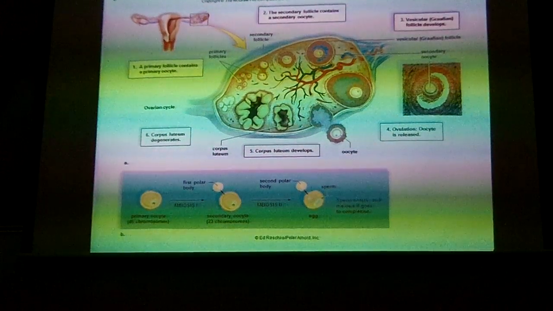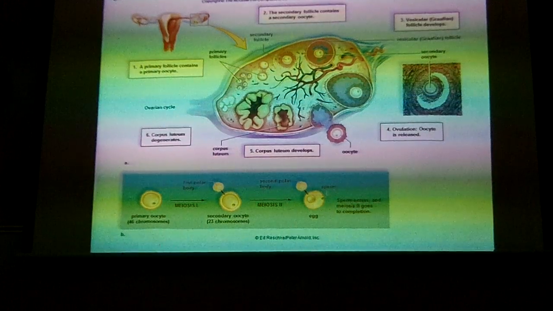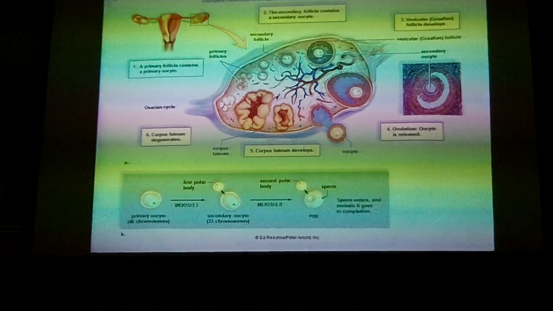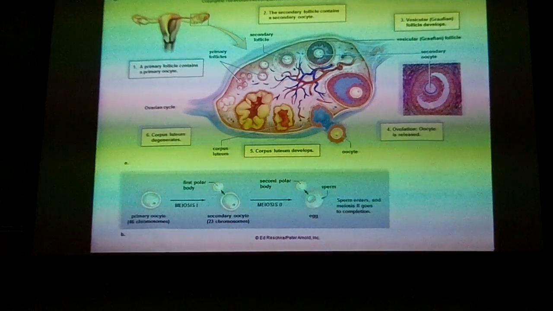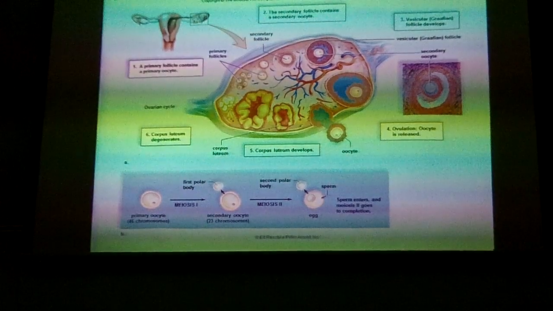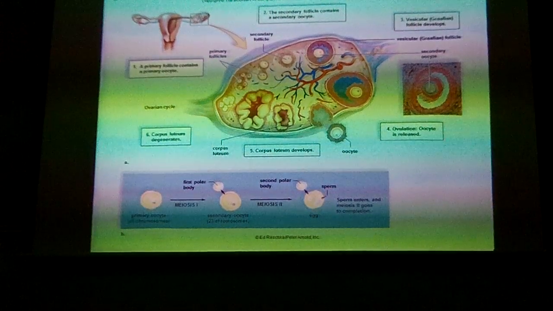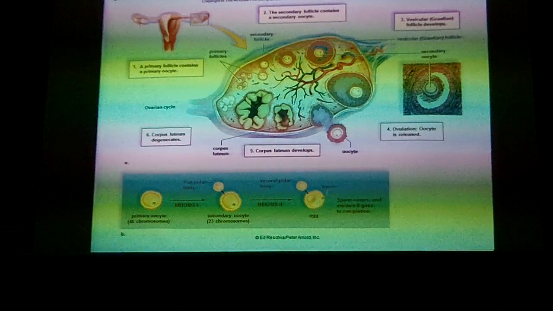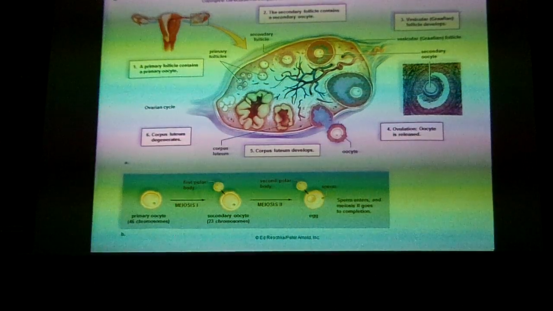And so what happens is the pituitary gland, at the beginning of your cycle, releases a hormone. It's called FSH. That stands for follicle stimulating hormone. Now in guys, it causes the testes to make sperm.